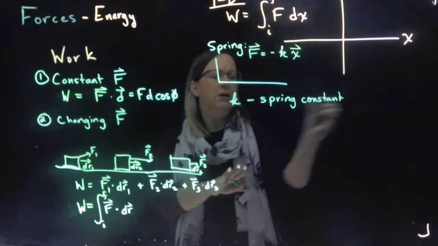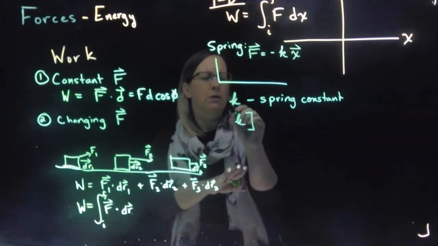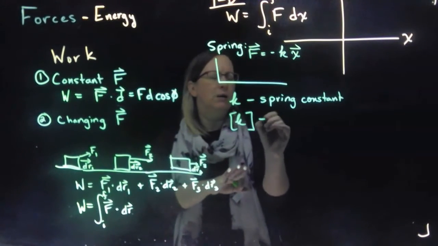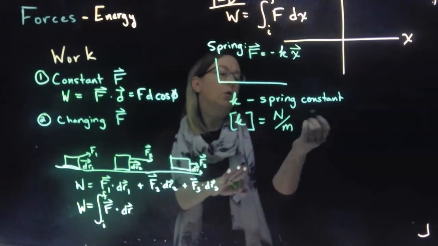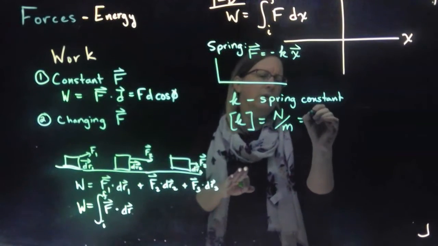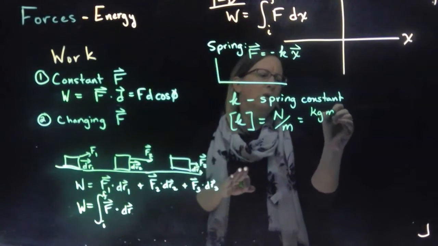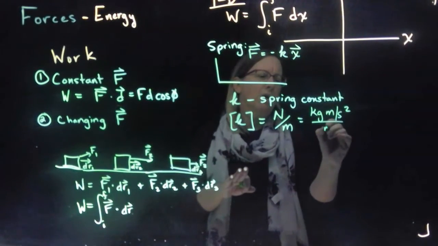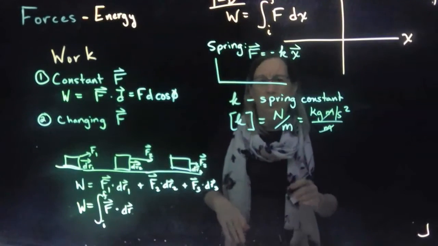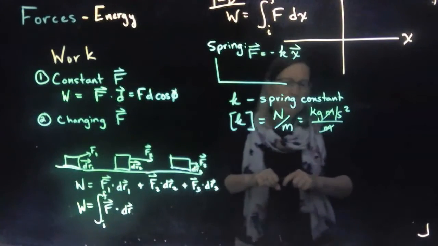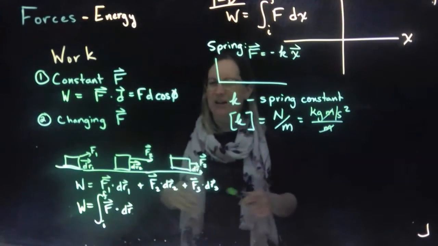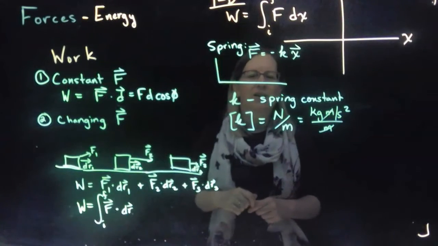And of course, it has units of newtons divided by meters. Or if you like, a newton is a kilogram meter per second squared, all over a meter. So it's also kilograms per second squared. It's good to know the units of everything as we go along. So that's our spring constant.